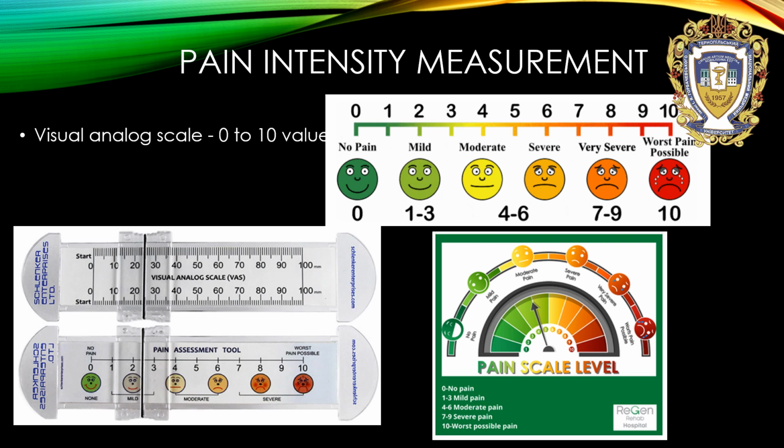With this scale, patients themselves choose the grade of pain, how the patient feels it herself. Different types of VAS, visual analog scale, are shown. I have this one. What are the principles of using this scale?